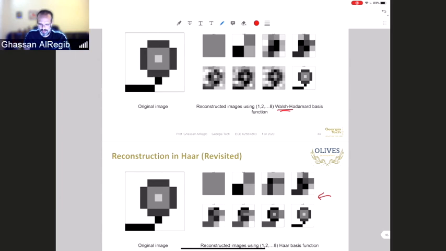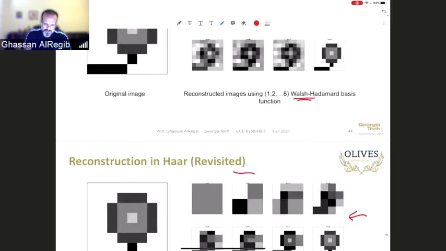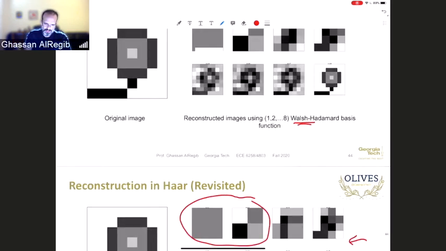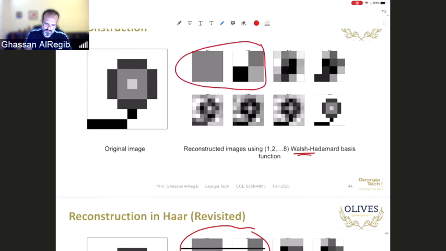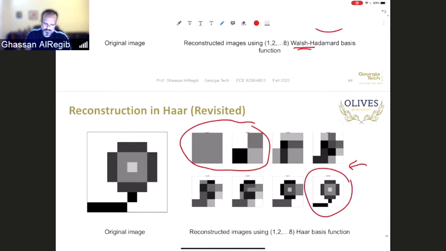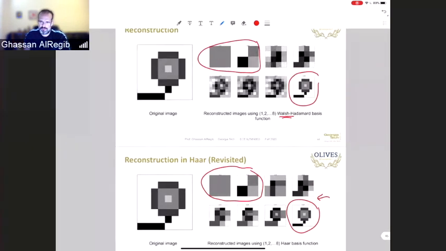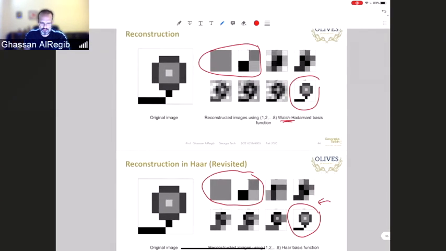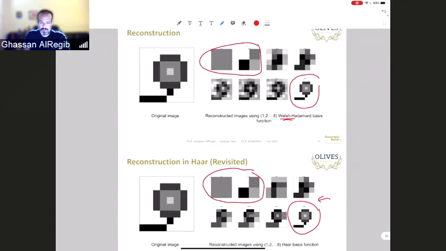We reconstructed the image, right? The first two are similar. The last one is similar, right? But in between, there are big differences. Anybody want to say? Maybe not.